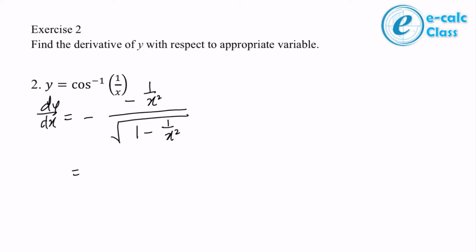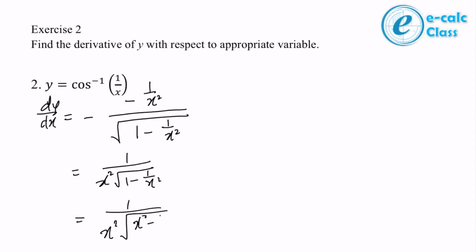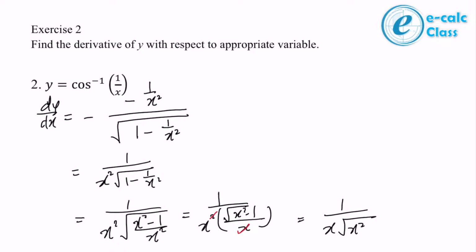Then simplify, negative becomes positive. Then simplify again, 1 over x squared minus 1 over x squared. So this is the square root of x squared, the one at the bottom. If you square root it, it will be 1 over the square root of x squared minus 1 over x, right? This and that can cancel, right? So it is 1 over x squared.